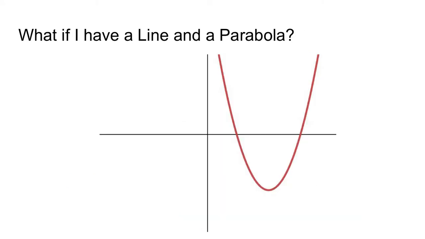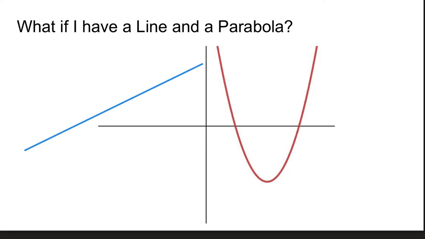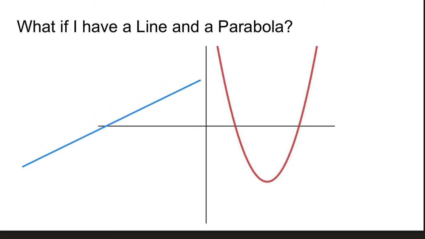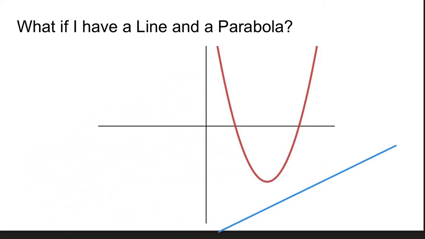Let's move beyond two lines. We've been talking about parabolas, so what happens if we have a line and a parabola? Let's see all the things that can happen. First, we could have a line down here and a parabola that is always above the line. Since they do not intersect, this would have no solution.